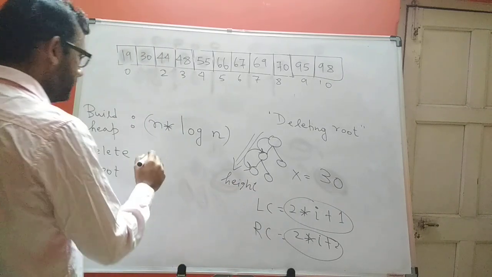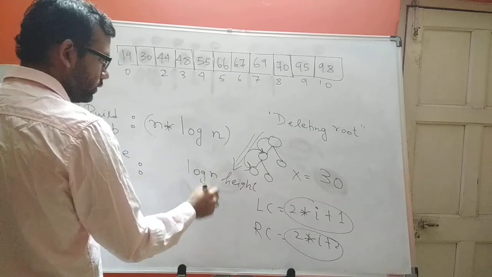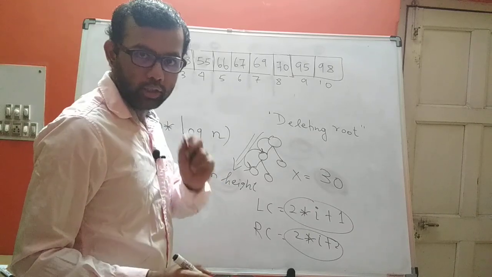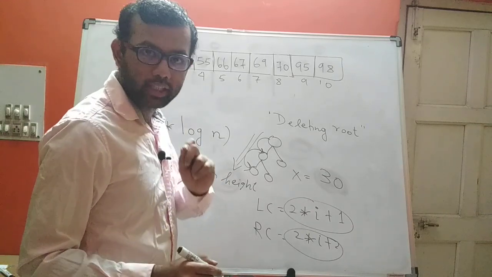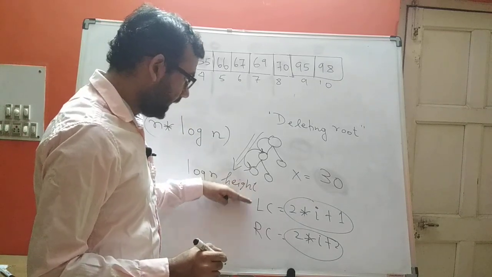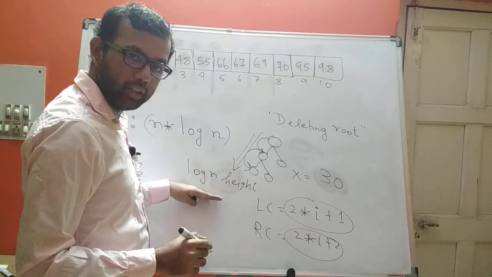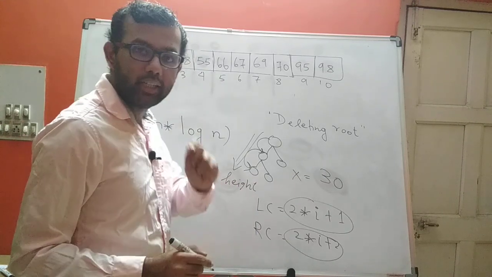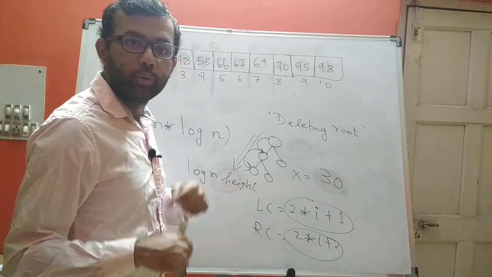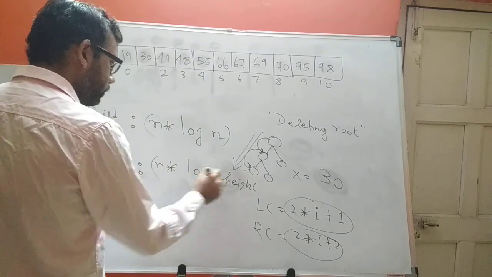Now if you do the same thing for n nodes, what is the height? The height is log n. So in order to delete a root node, in the worst case you require time which is the same as the height of the tree, and the height of a complete binary tree is log n. So you would require log n time to delete one root, and in order to delete n such roots, you would require n into log n time.